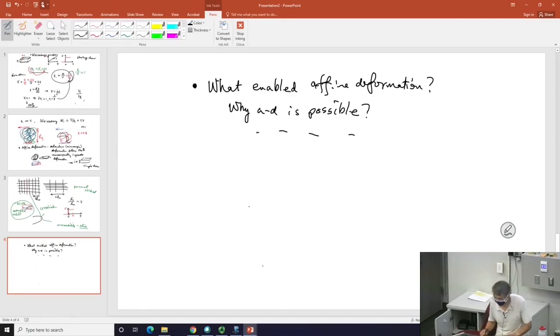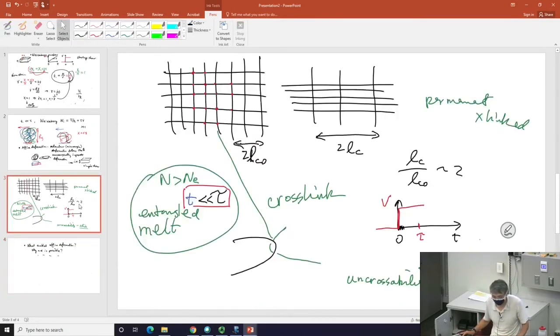That's exactly something I have yet to answer for you. So I said if it's much less than tau, if t equals 0 is when I start to examine my system, then within very short times of tau, perhaps this affine deformation still holds. Yeah, that makes sense.